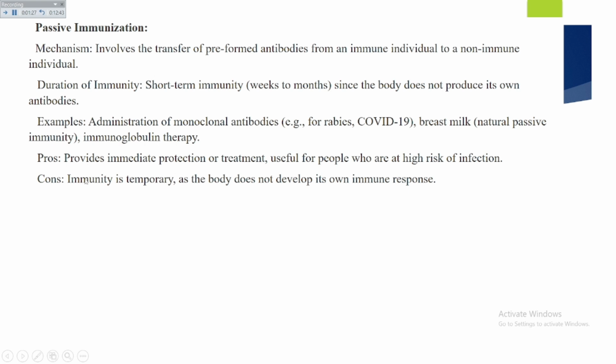Its disadvantage is that the immunity is temporary, very temporary. It lasts a short period of time. People can't have it for their whole lifetime, as the body does not produce its own immune response.